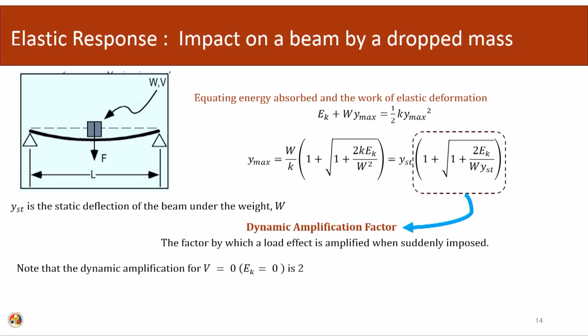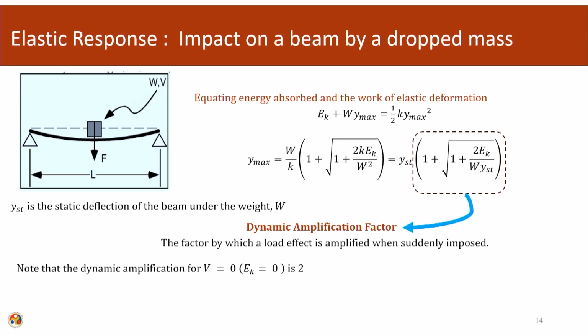If you look into the box, the component Ek is made up of half W V square, meaning the mass of the impactor times the velocity of the impactor, divided by W Y static, the static deformation and the mass of the system.